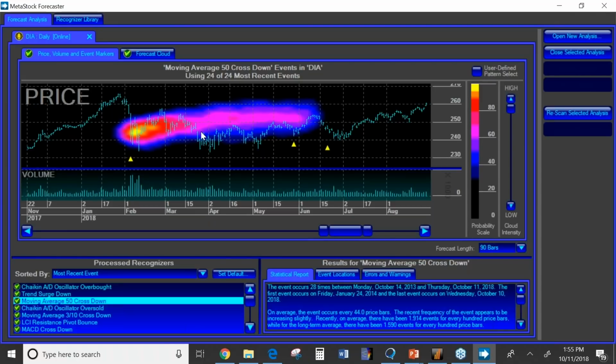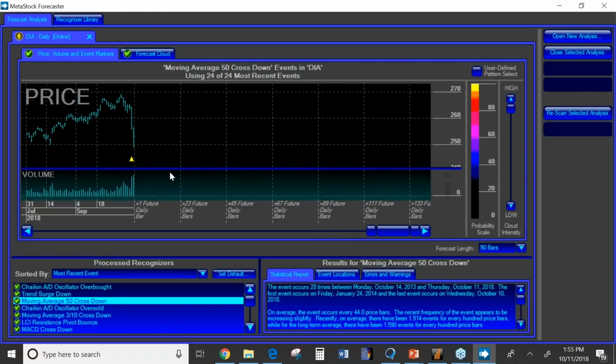You could go back to the big crash, the Great Recession, as they called it, and see what the forecast clouds look like. But what it would take is the statistics starting to change values, because what it is looking at is historically what has happened. And it would take a change in behavior for it to change dramatically. And then, of course, you'd expect a change in the behavior at that point.